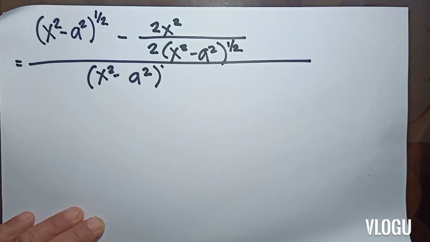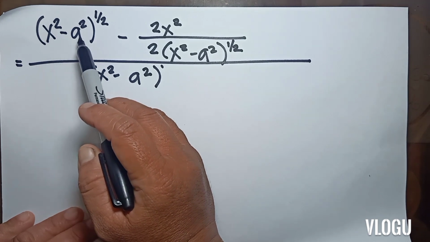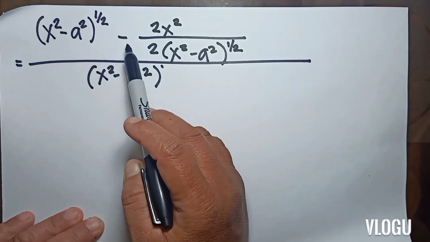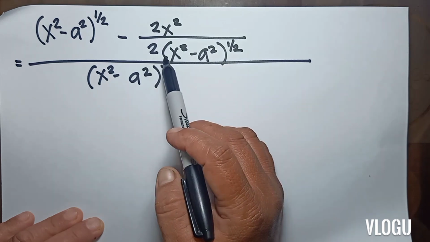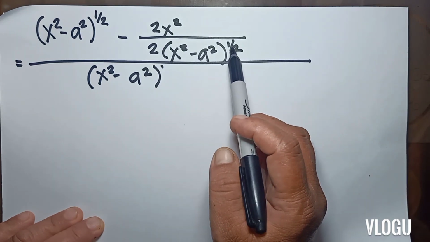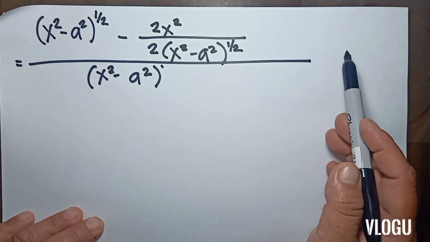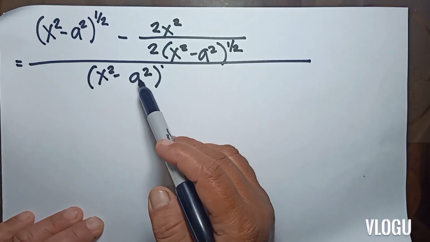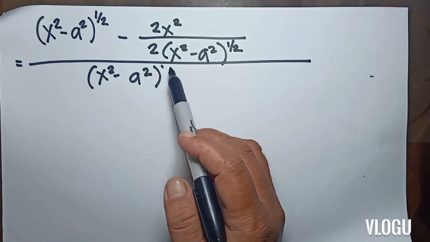So this is now our form: x squared minus a squared raised to 1/2 minus 2x squared over 2 times x squared minus a squared raised to 1/2, all over x squared minus a squared raised to 1.